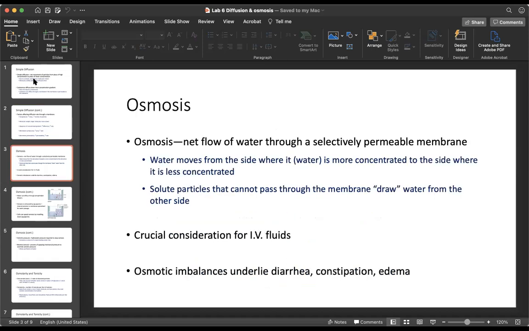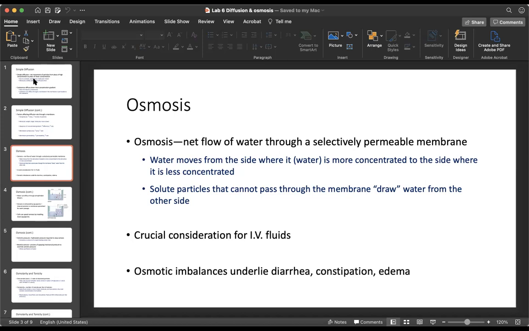Osmosis is just basically diffusion of water, but osmosis requires a selectively permeable membrane. Usually we talk about diffusion of a particle in either air or water. Osmosis really is just diffusion of water, but because water is just ubiquitous, there's a membrane that's got to be involved.